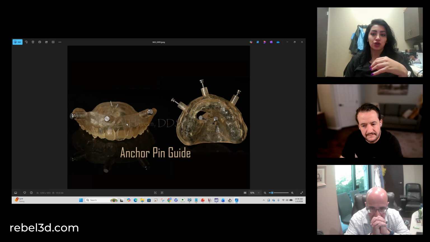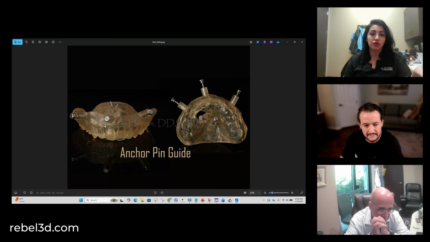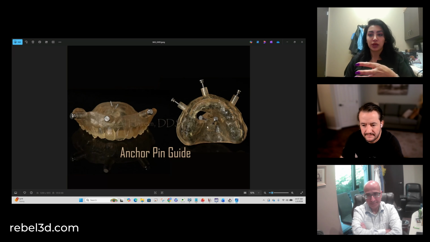You duplicated the denture, and then you put some anchor pin guide holes with your anchor pins for the day of surgery. So you're trying to make sure that this denture is staying in the exact same orientation in the patient's mouth as it was before the surgery, so it can guide you to the actual position of the prosthetic, so where the teeth should be.